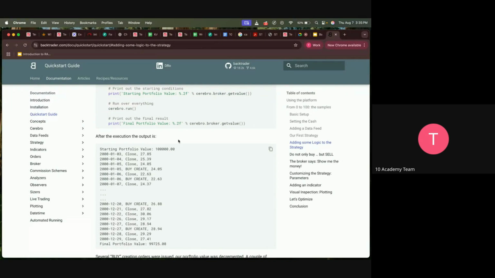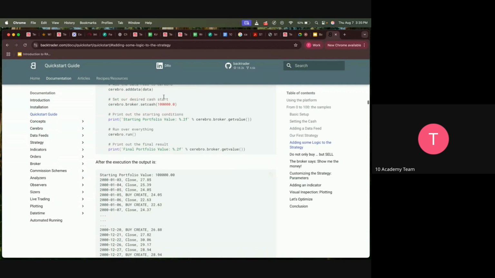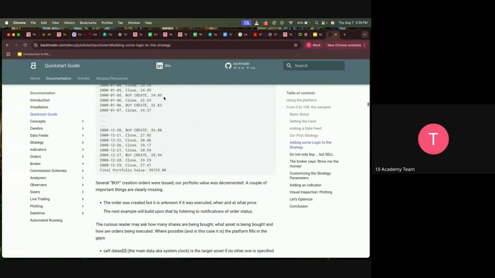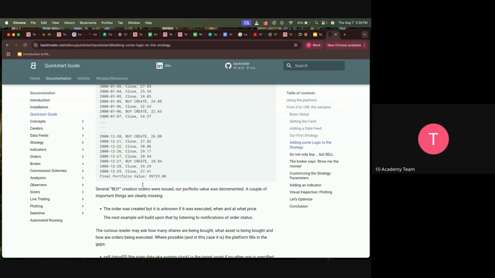But if you haven't assigned that, Backtrader will assume you are giving it one value. And with the cash, if you haven't assigned your own customized capital value, it will assume it's 10,000. So that's something you should know. It has its own default values, but if you don't want them, you can override them.